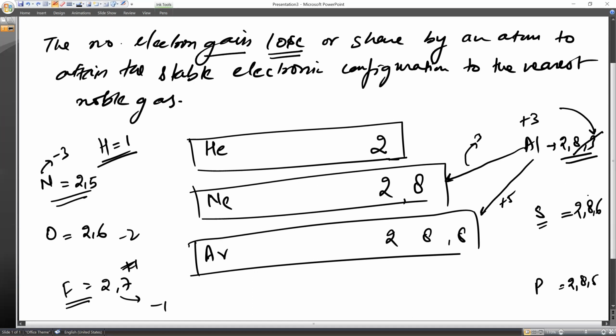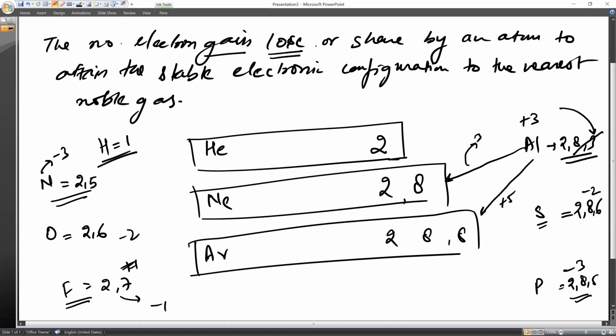So it will require 2 electrons. It will be adding 2, so it will have a -2 charge. Adding it is -2, losing it is +3. Then this is 5 here. What will it do? It will add 3, so minus.